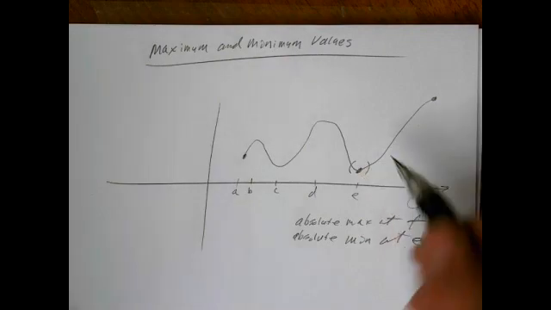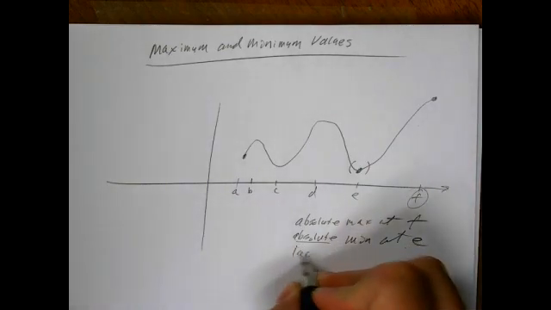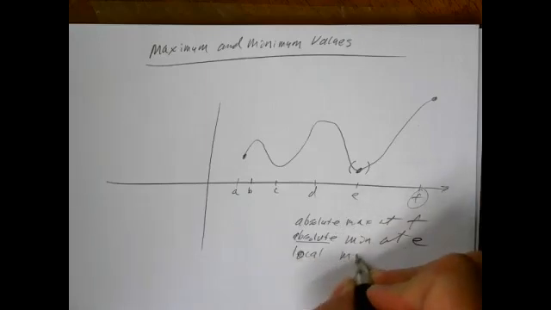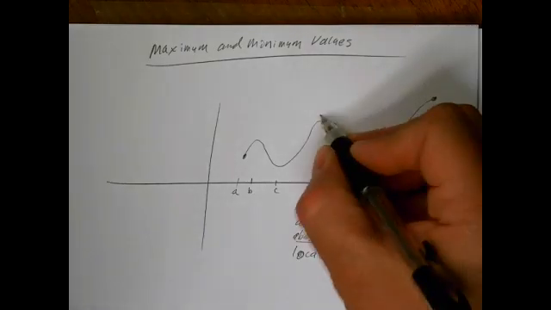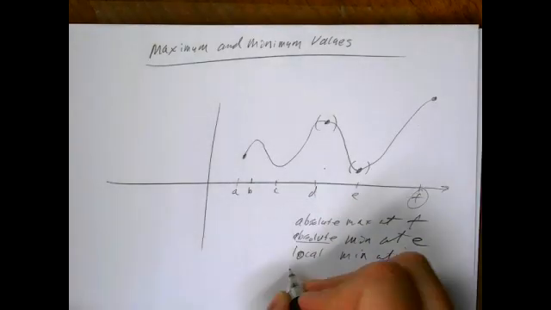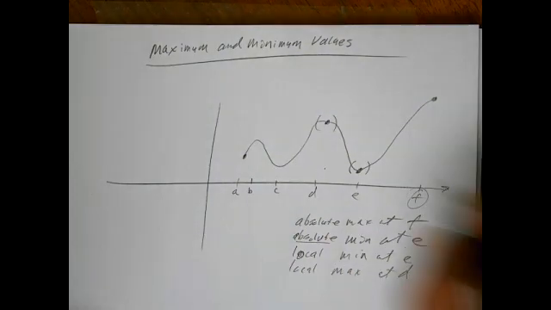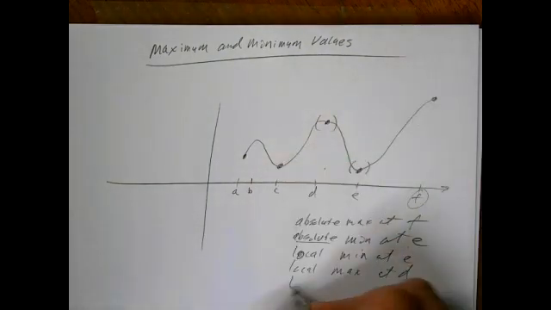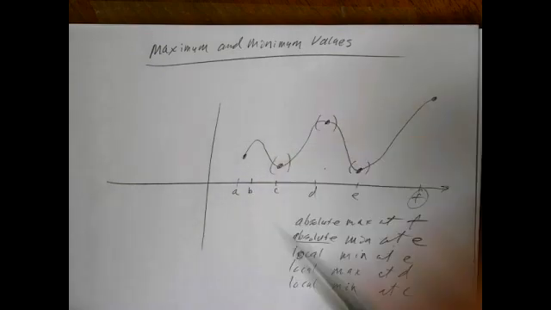That tells you that at E we have not just an absolute min, we also have a local minimum at E. We have right here a local max at D. We have a local min at C, because I can put that in an open interval.